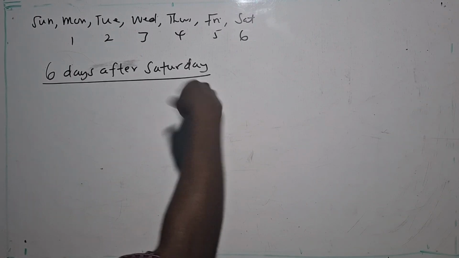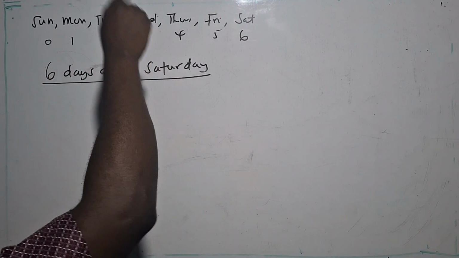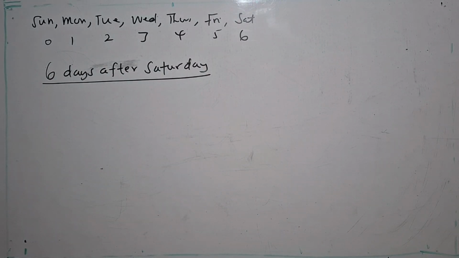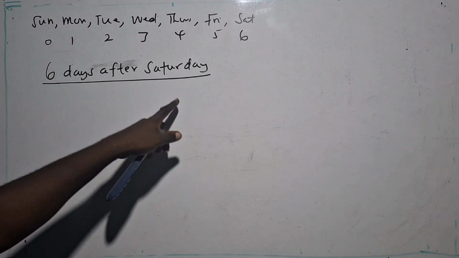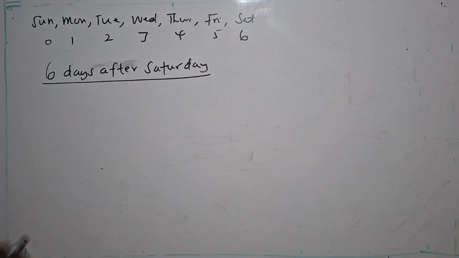If you are counting from here, you're going to get 1, 2, 3, 4, 5, 6, which is Friday. Let's see if it is correct. So 6 days after Saturday. Saturday itself is number what? That is 6.